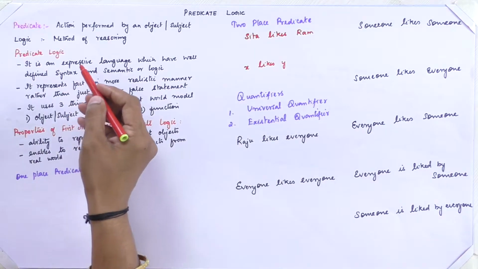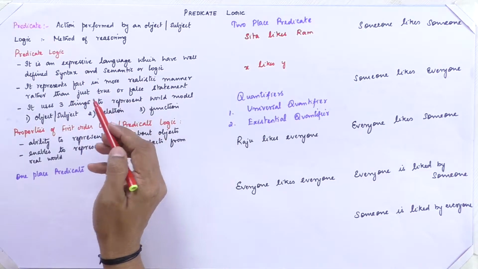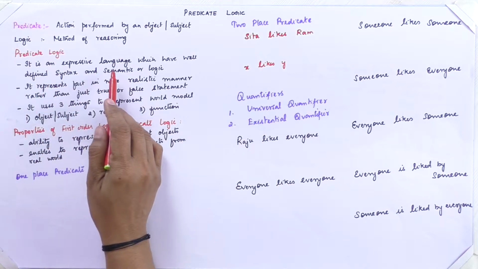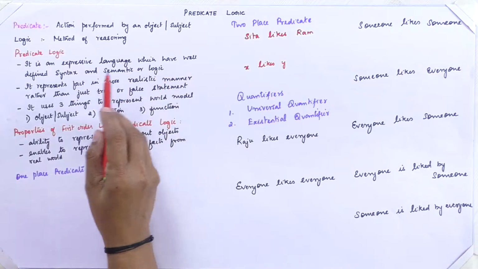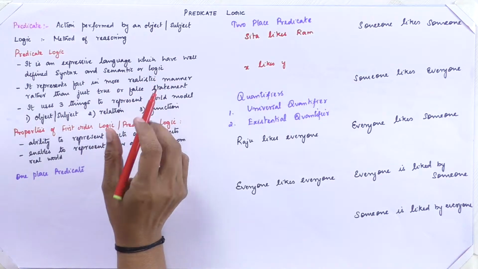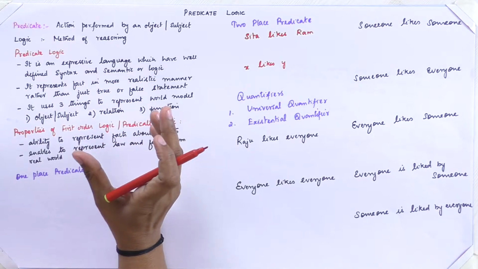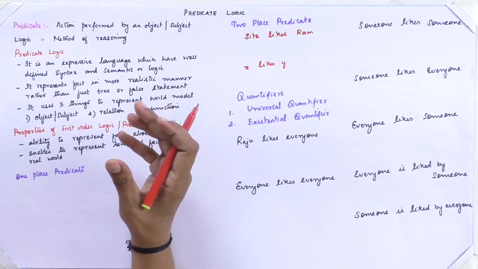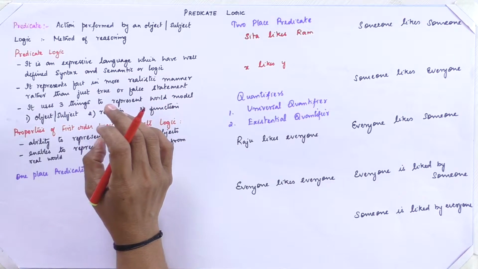Now I'll again repeat what is meant by predicate logic. It is an expressive language. Predicate logic means we can express, in a very simple and exact manner, what is happening in the real world. It also has a well-defined syntax and logic. Since you are all from a computer science background, you definitely know what a syntax is.